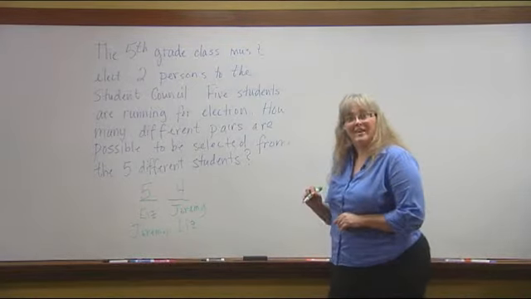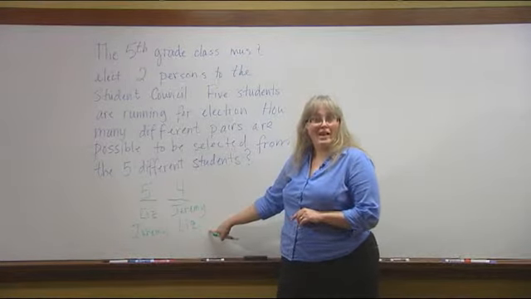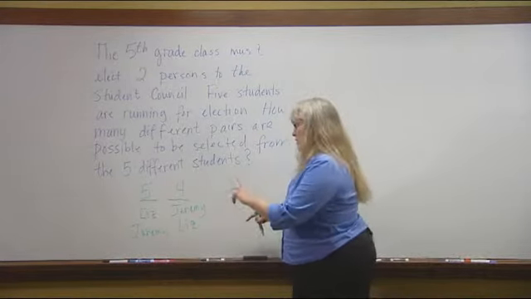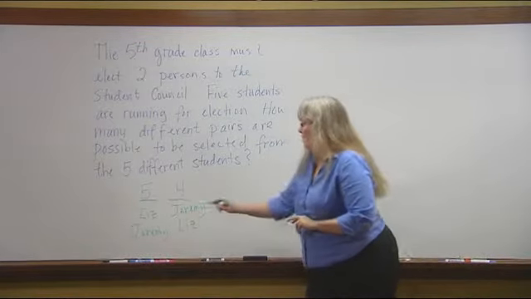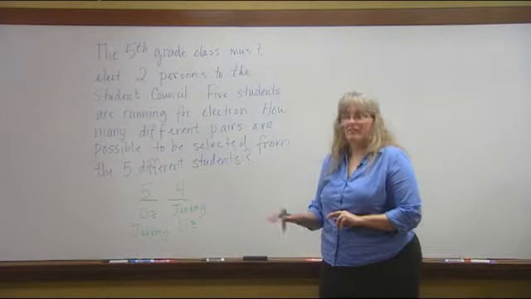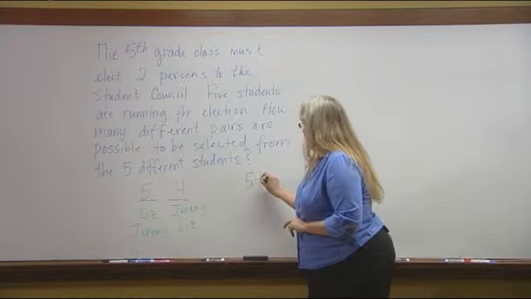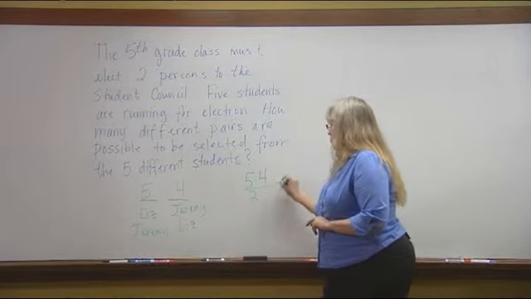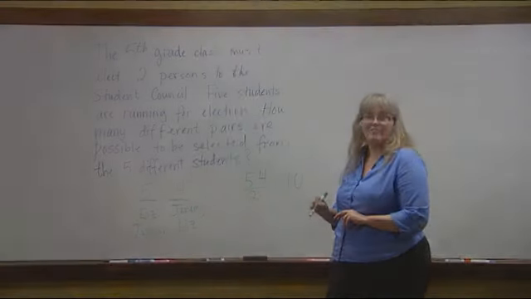So what we need to do is divide this 20 by 2 to eliminate those duplicates. Every pair we have, there were 2 possible ways they could be listed in this scenario. So we're really looking at 5 times 4 divided by 2, which is 10 different possible pairs.